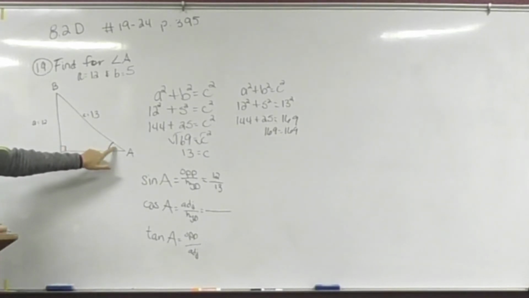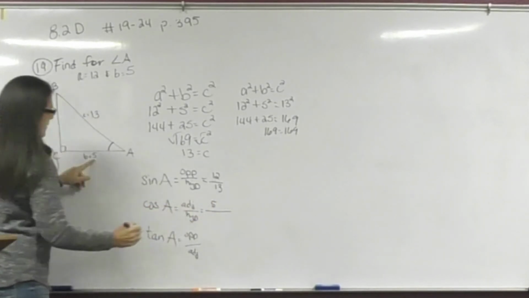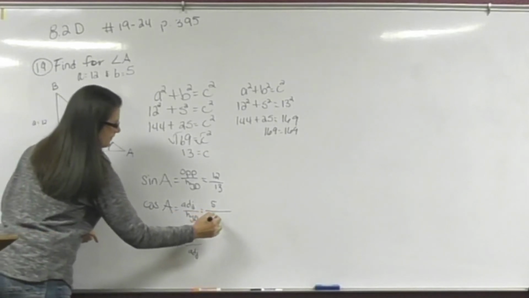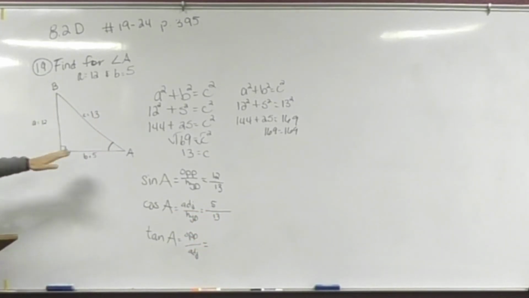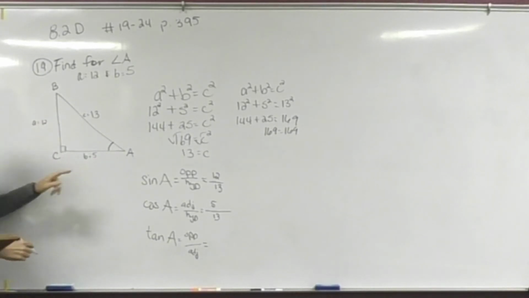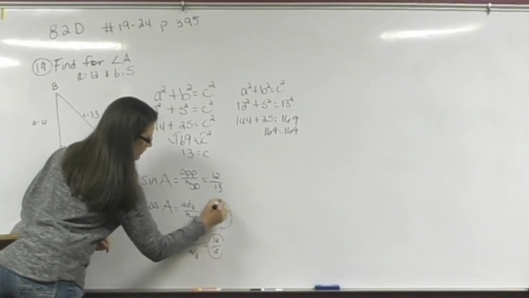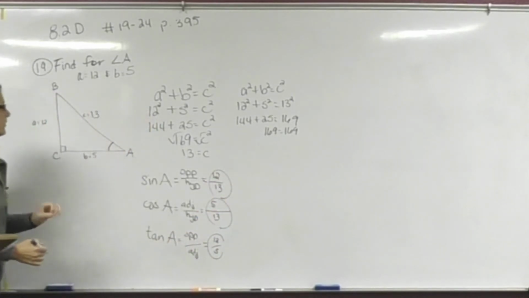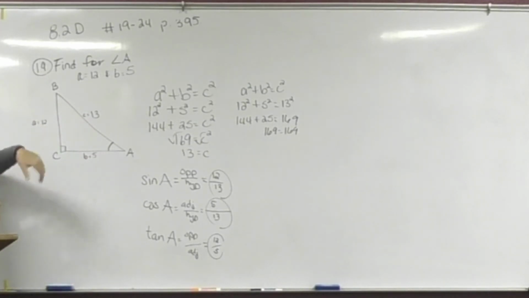So the cosine of A, this is adjacent, so I plug in a 5 there, and hypotenuse is 13. And the tangent of A is opposite over adjacent, so that'd be 12 over 5. Those are your answers, but I still want to see all of it, especially this also.